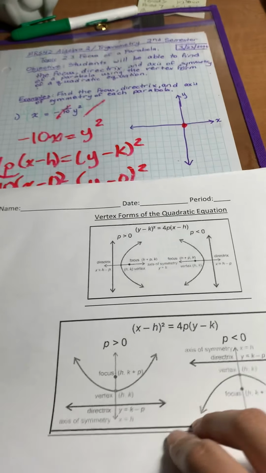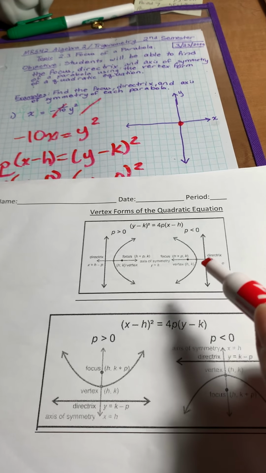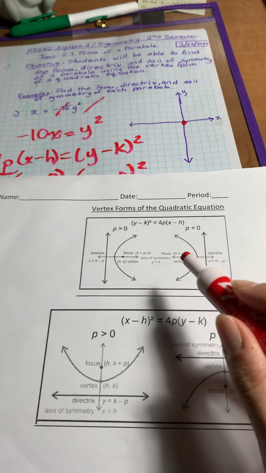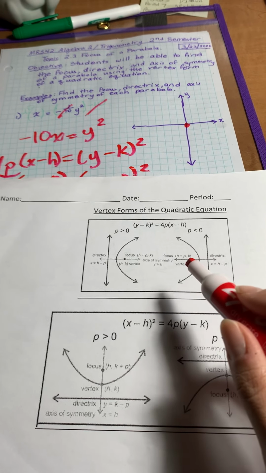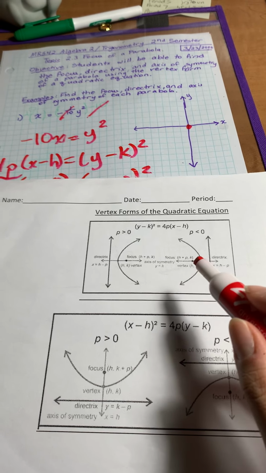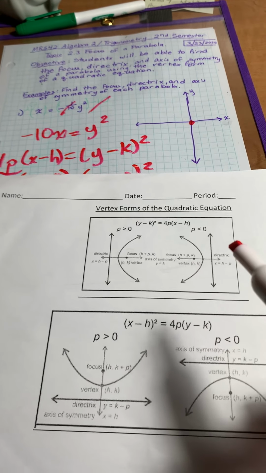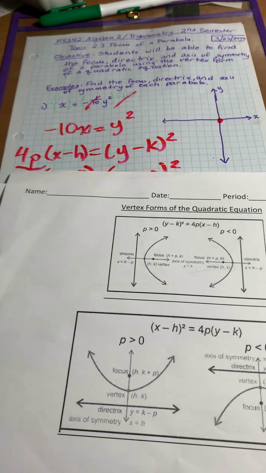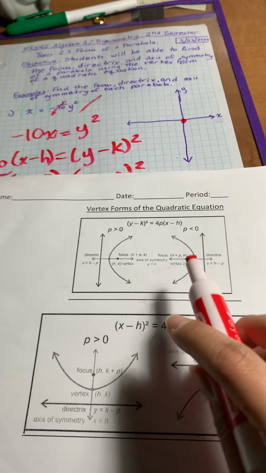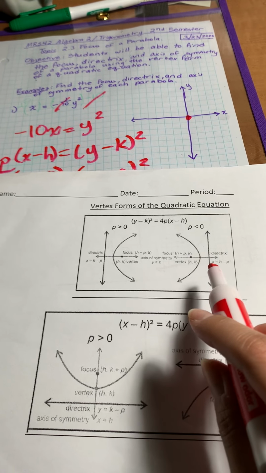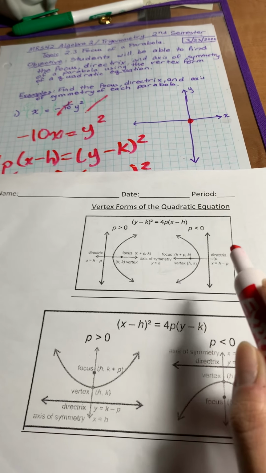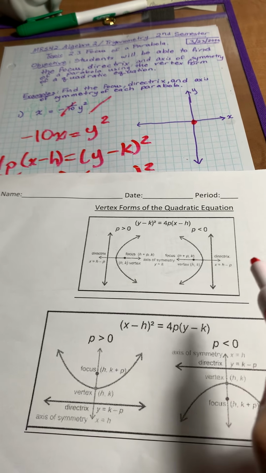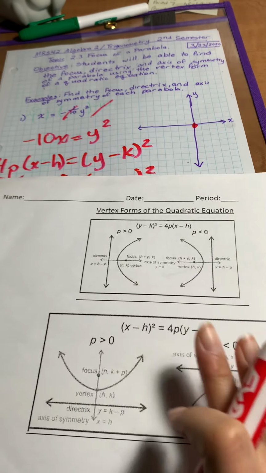It's going to move from the vertex 2.5 spaces to the left. So my focus is 2.5 spaces to the left of our vertex. And the directrix is going to be in the opposite direction, right? So it's going to be 2.5 spaces away from the vertex on the other side.